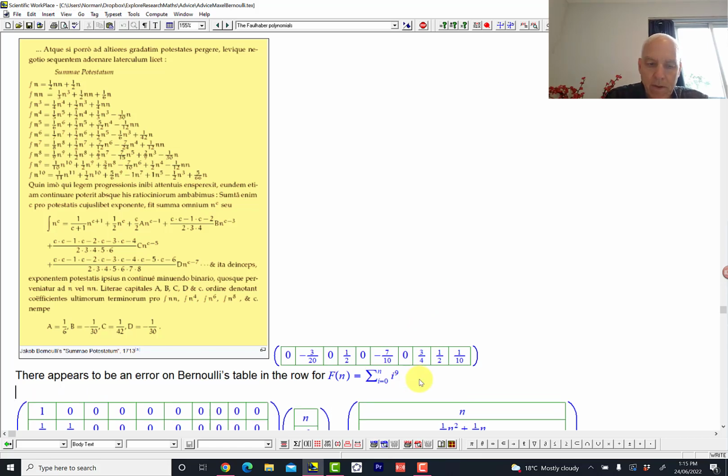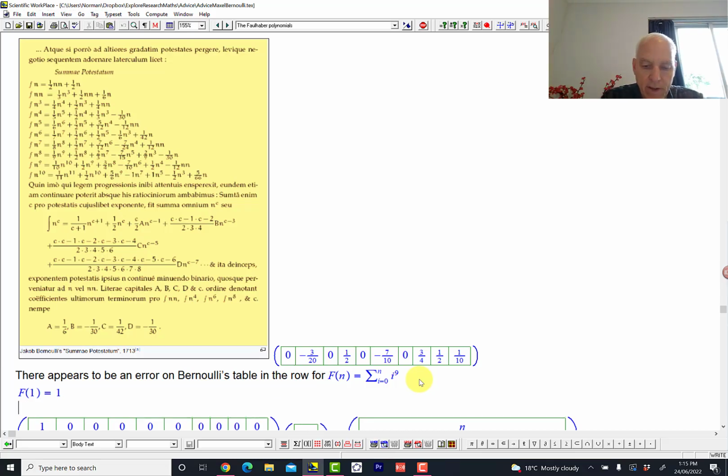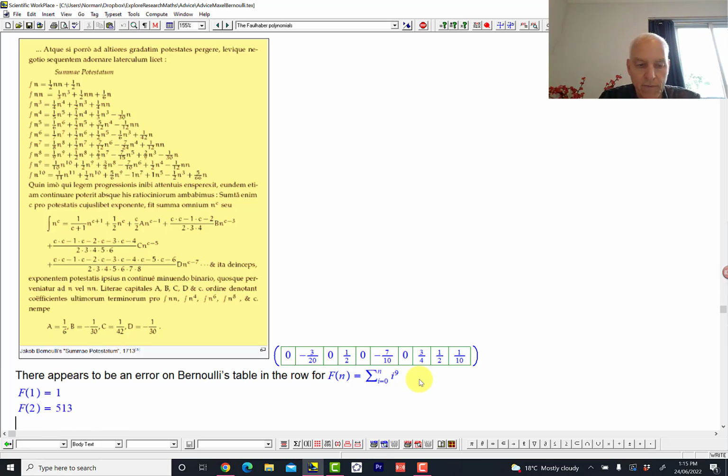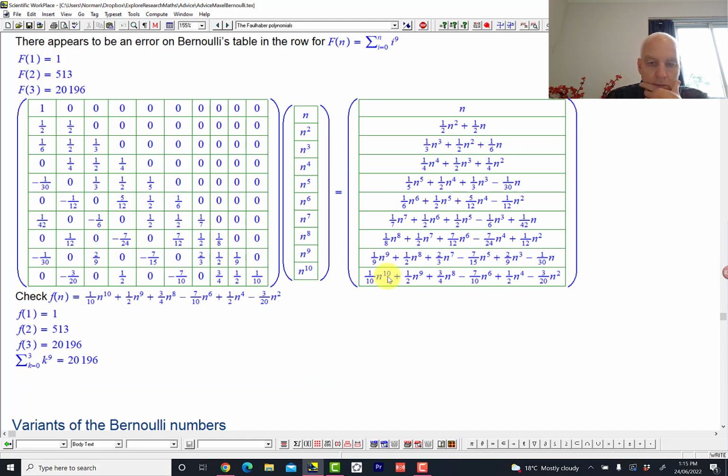All right. So let's just check. f of 1 is 1, yes. f of 2 is 513. f of 3 equals 20,196. So these are the sums of the 9th powers. And now let's take the corresponding row. Which one is it? It's this last one here, right?